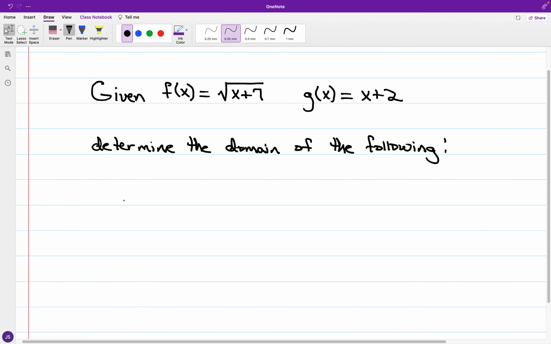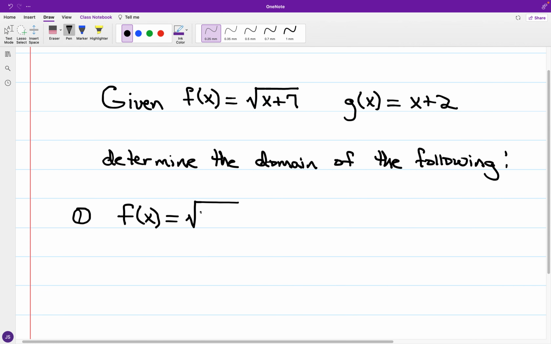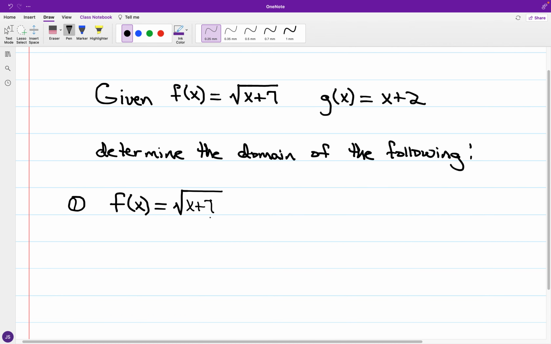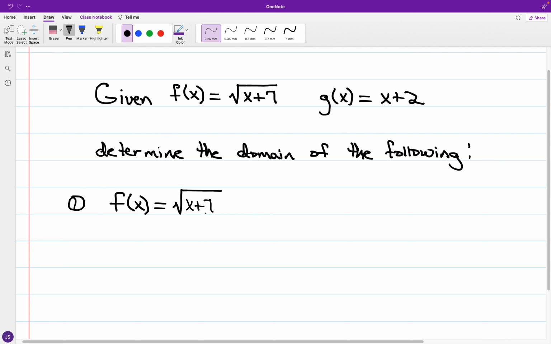So first of all, for the first item, f of x is equal to the square root of x plus 7. Now again, x plus 7 cannot be negative.